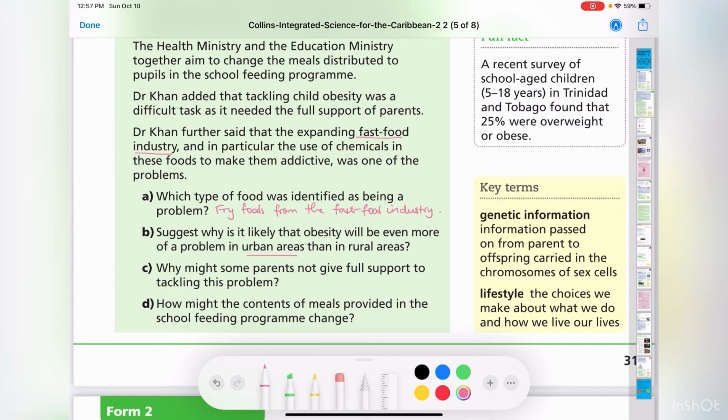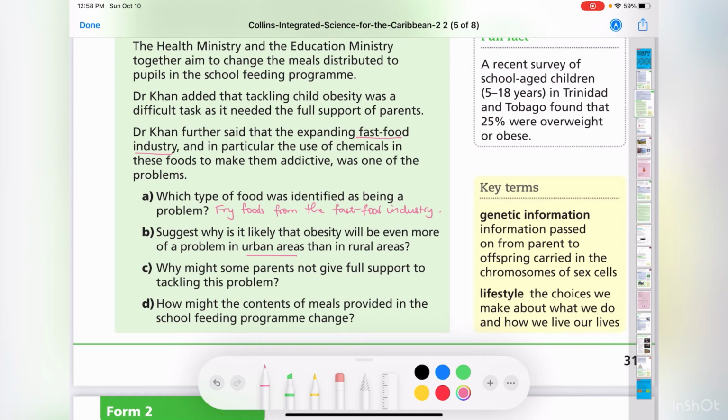Also in urban areas, persons will be more able to afford to purchase these things. In the rural areas, they'll have to go very far in order to reach the fast food restaurants. Some of them may be very poor, so they cannot afford to, right? So that is why more than likely you will find obesity occurring more in urban areas.